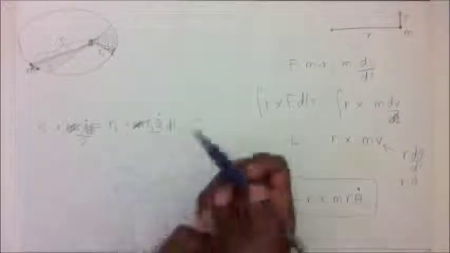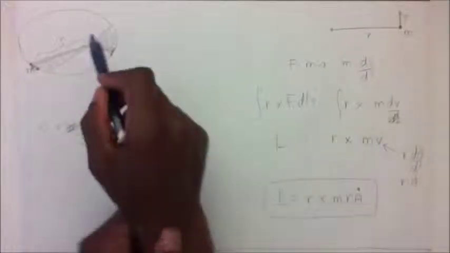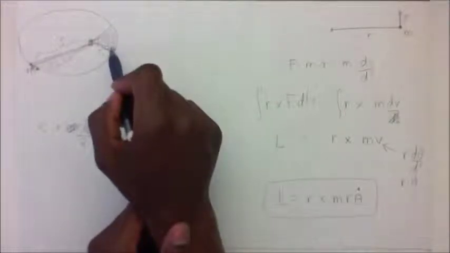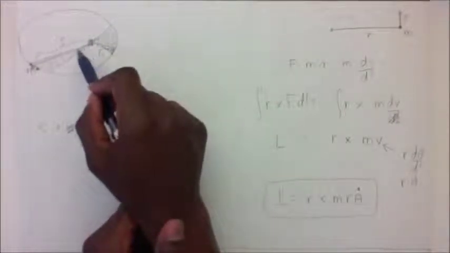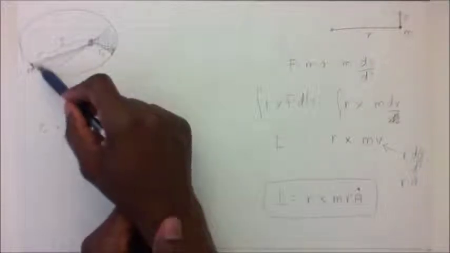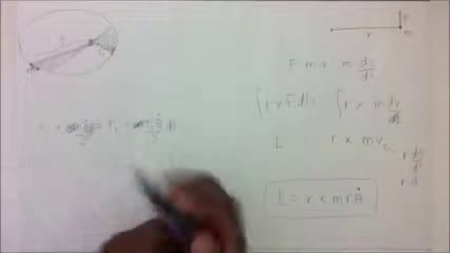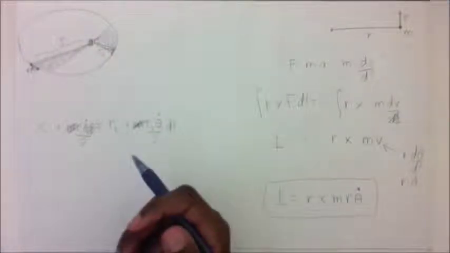Basically, the area that it sweeps out over here in the same time period is going to be the same as the area that it sweeps out over here. So what we've just done is found Kepler's second law of planetary motion.